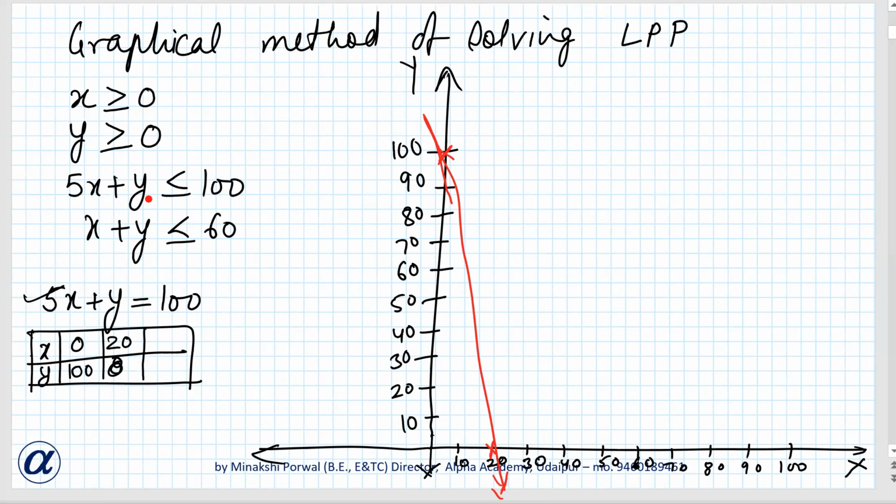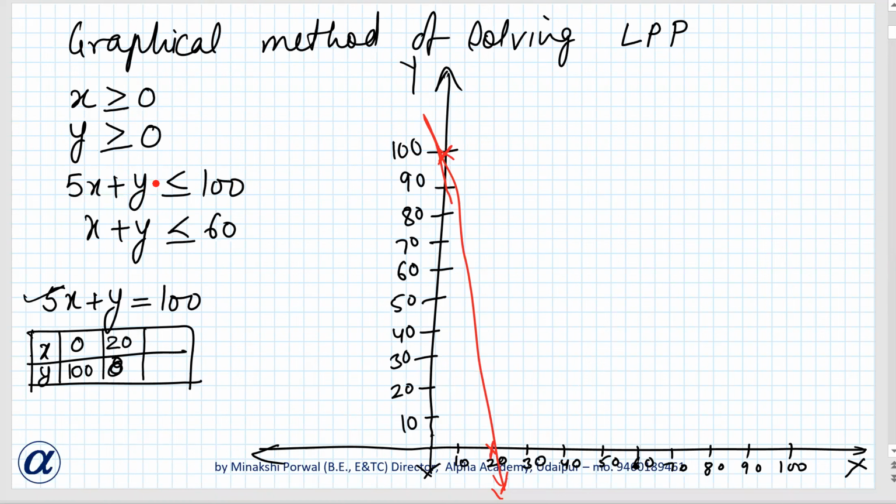Now here 5x plus y less than or equal to 100 means either this side of the line or that side of the line is being talked about. Okay. 5x plus y less than 100. For this, what will we do? After plotting this line we'll just choose any one point which lies either on this side or on that side. Suppose I am choosing 0, 0. When I substitute 0, 0 here, that means 0 is less than 100.